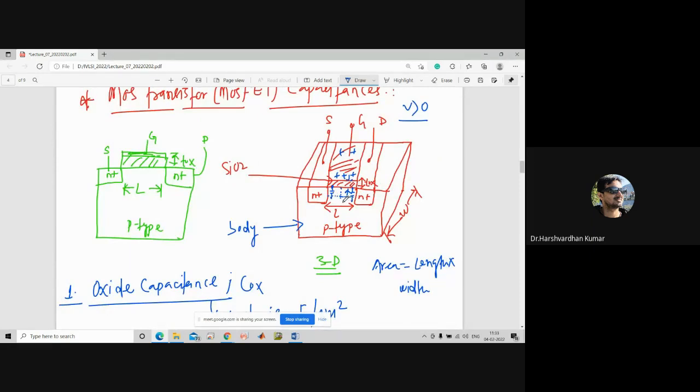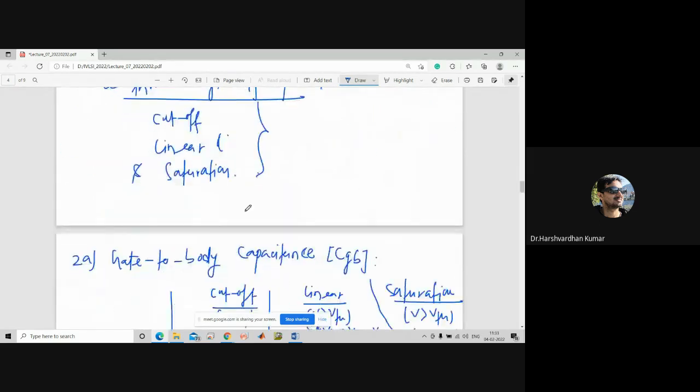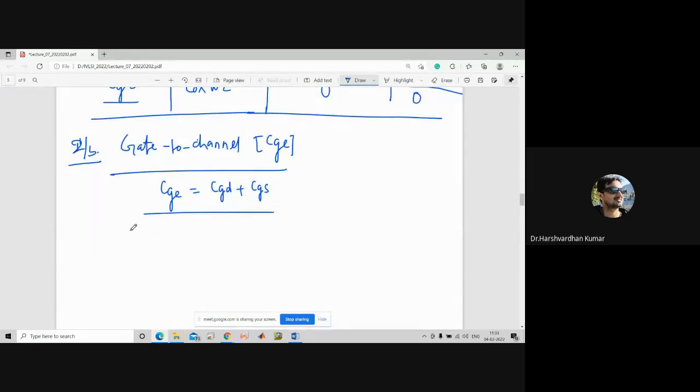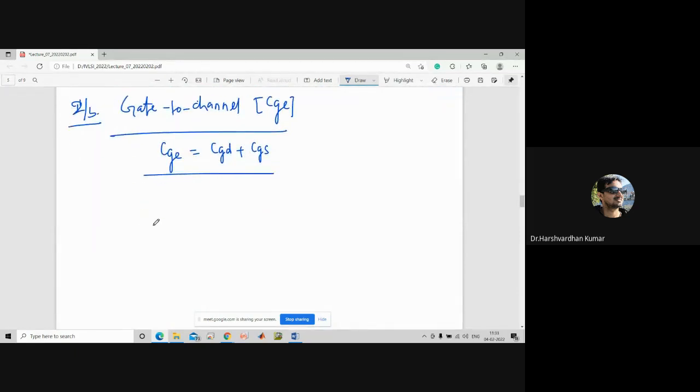We know the rule of capacitance when they are connected in series and parallel. The equivalent capacitance of a parallel connection will be simply the addition. So now in the linear region we have to check. There are two capacitances here, gate to drain and gate to source.